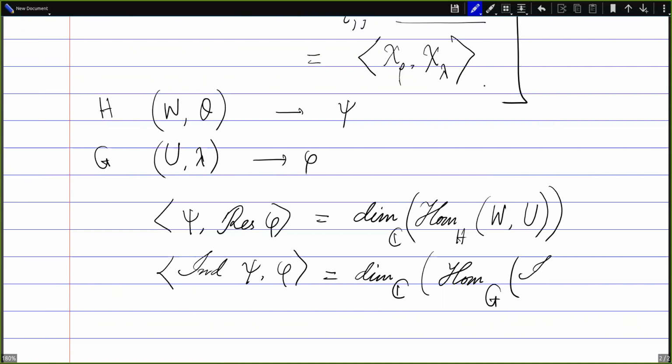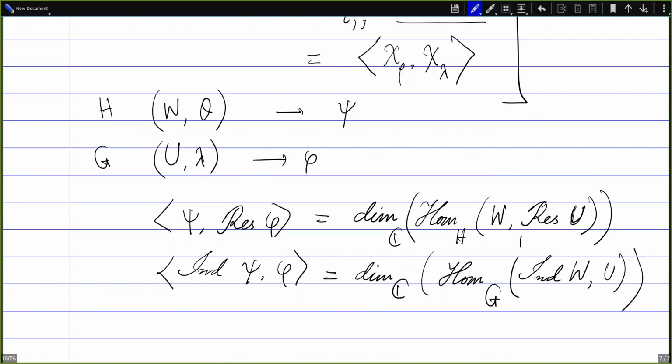Here this is just res U, because res U is a representation of H, W is a representation of H, and res U is the representation of H on the same space U. So this is nothing but the set of all H invariant maps from W to U.